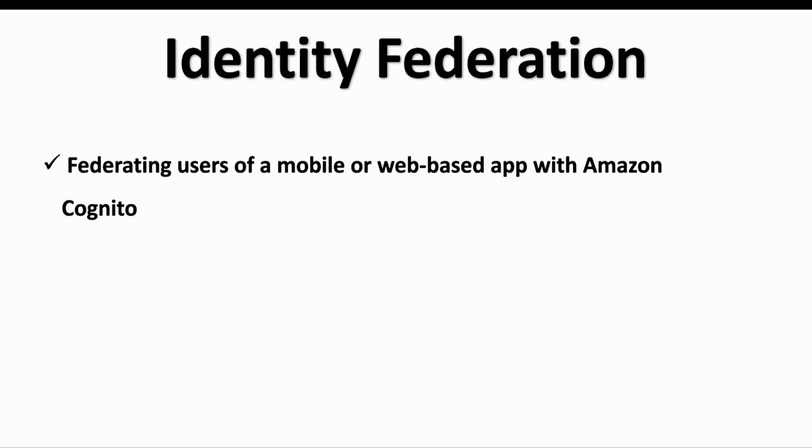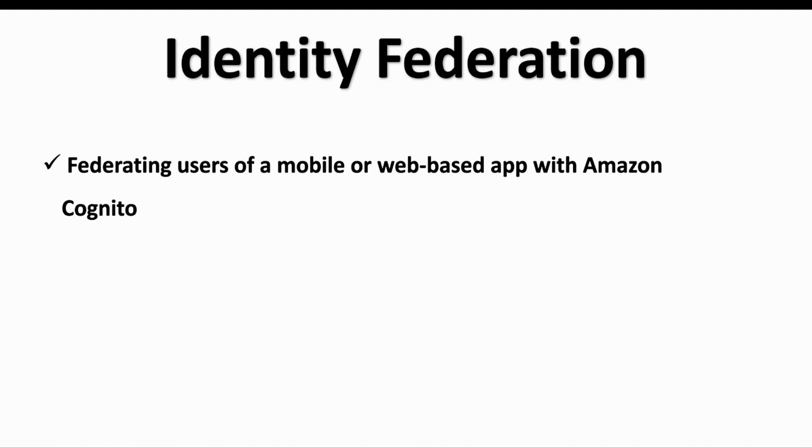First, federating a mobile or web application through Cognito. As you know, Cognito is a service built for federating users, or creating access for accessing your AWS services. For example, you have a mobile or web application that is using AWS services like S3 or DynamoDB.